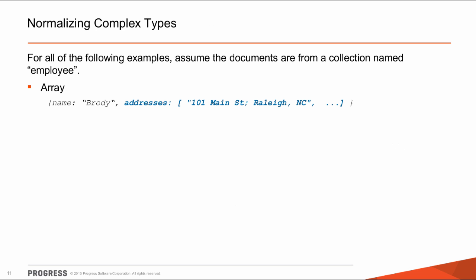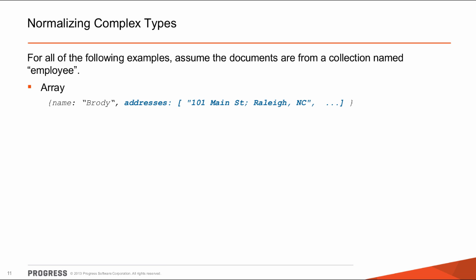So let's quickly hit a little more detail about the various normalization patterns. There are a couple of slides here with some examples of various types, aspects, or patterns of JSON and how you can choose to normalize them. All of these examples assume that these JSON snippets are from a collection named employee.